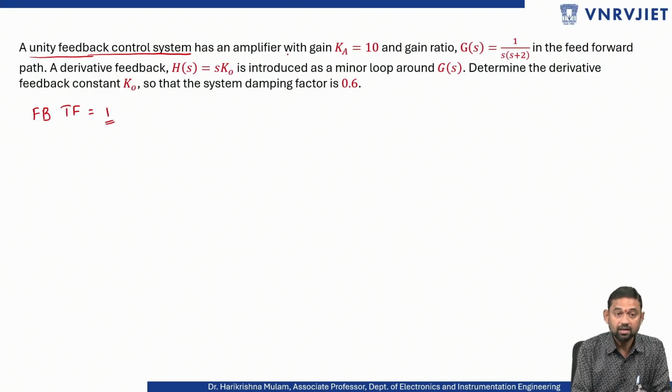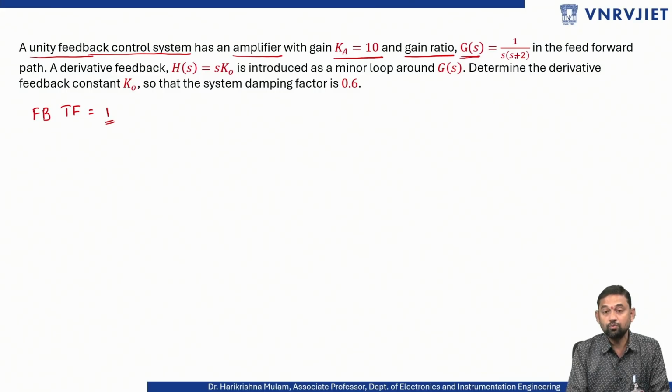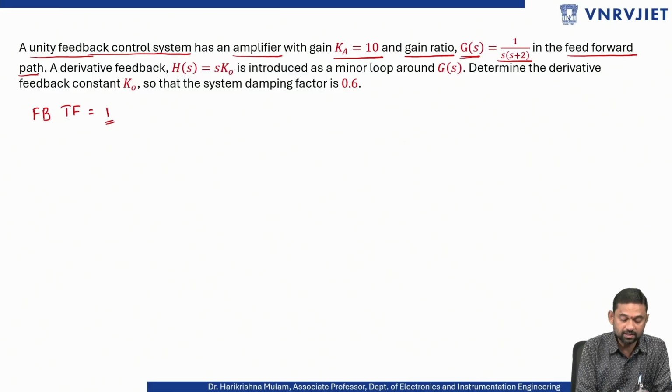Such a feedback control system has an amplifier with a gain of Ka is equal to 10 and gain ratio, which means the ratio of Laplace transform of output by Laplace transform of input, can also be represented as open loop transfer function G of S, and it is equal to 1 by S into S plus 2 in the feed forward path.